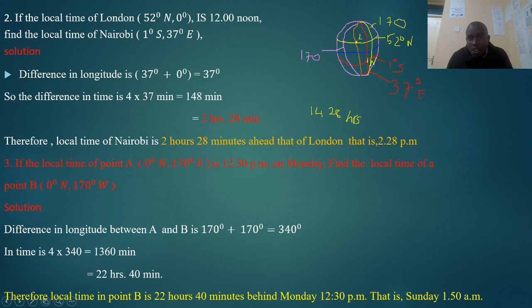Now we are talking about points at 0 degrees latitude, one here and another here.